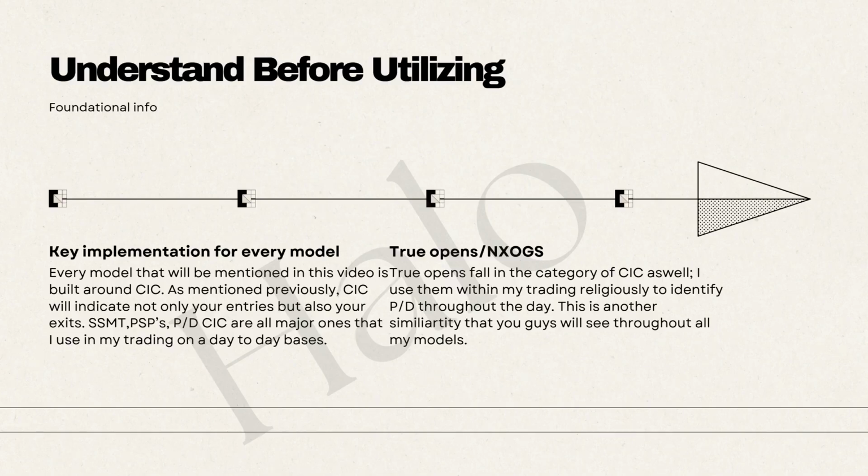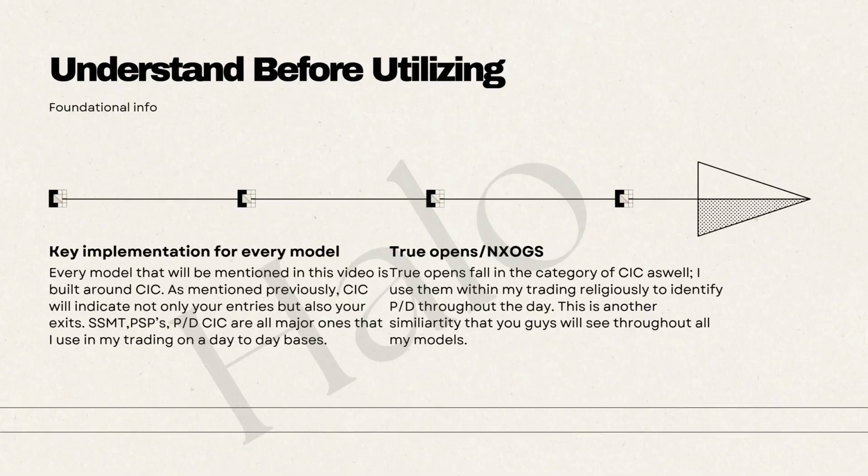Sequential SMT, PSPs, premium and discount, and cracks and correlations are all major ones that I use in my trading on a day-to-day basis. I use cracks and correlations as the base of my trading to enter and exit trades. Premium and discount is a big one, so stay wary of that because I'm going to mention it a lot in this video.